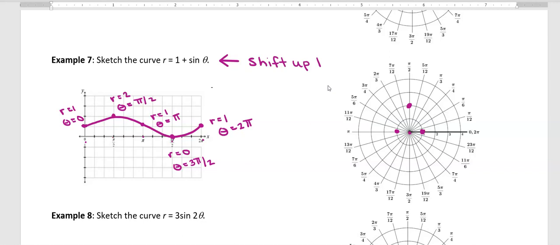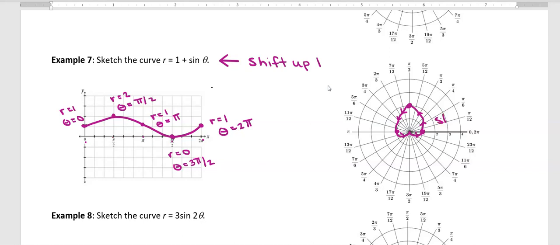So what this is going to look like is it's going to flow out and back, and then flip inside, and then back out again. So it's kind of following this flow here. Okay, it almost looks like an upside down heart in a way.